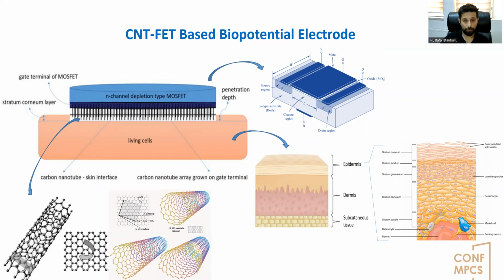The vertically aligned carbon nanotubes penetrate the stratum corneum layer, that is the outermost layer of the human skin, which causes the noise. Therefore, bypass of stratum corneum eliminates the noise on the biopotential signal acquisition.